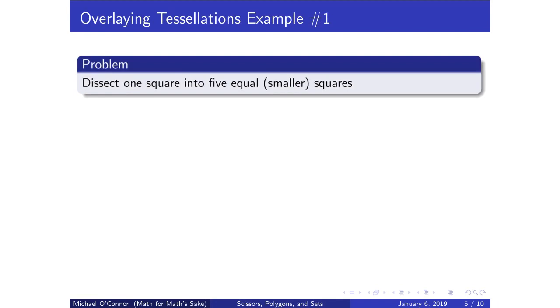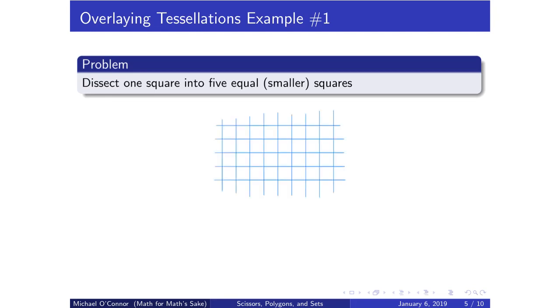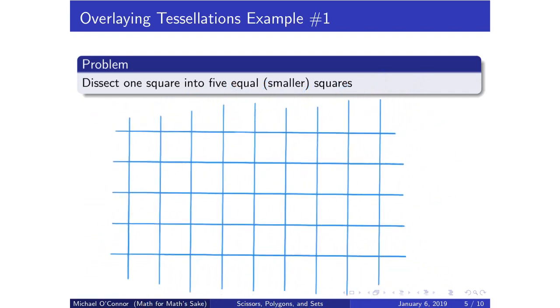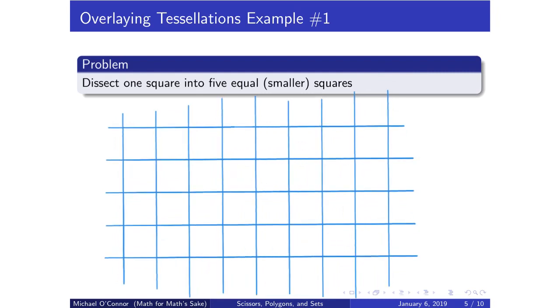If we start with the problem of dividing a square into 5 equal smaller squares, we can do that with this method. I picked this problem because for squares it is very easy to find a tessellation. Okay, so here's one tessellation of squares, and here's another.